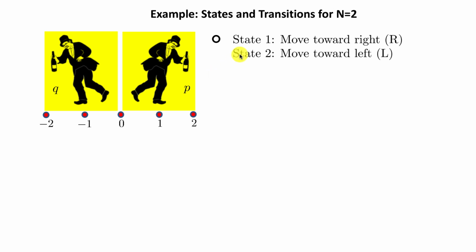In this situation, we can define state 1 as the move towards the right, and state 2 as a move towards the left. This can therefore be written in the following way. Probability of right to right is p. Probability of right to left is q. Probability of left to right is also p, and left to left is q.